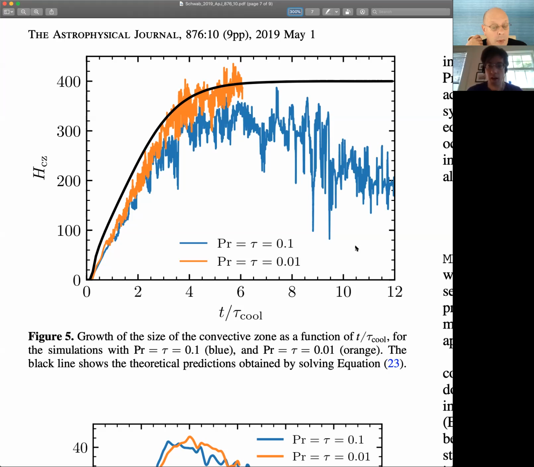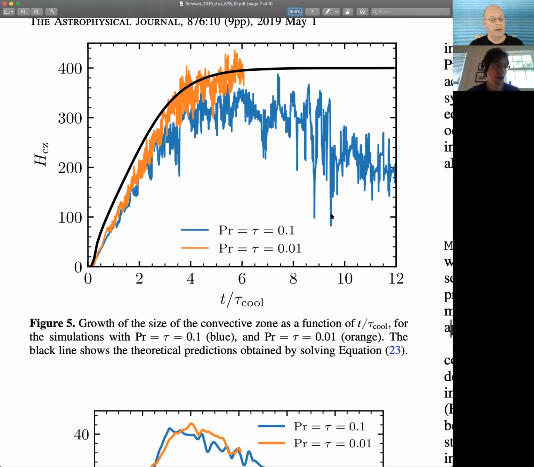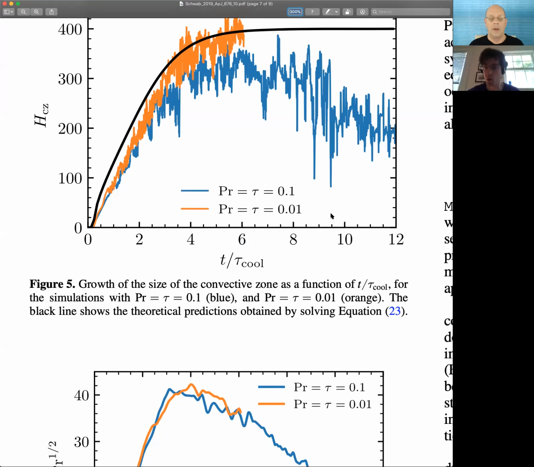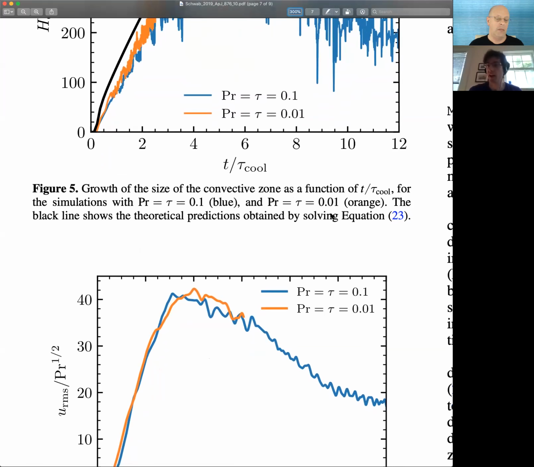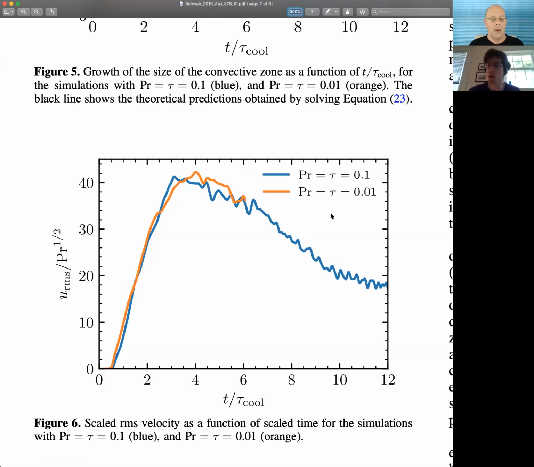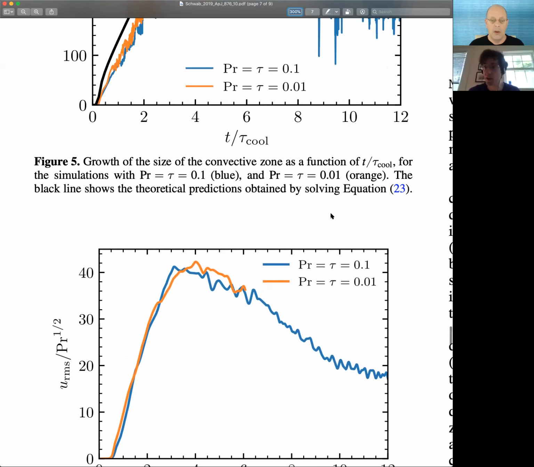Okay. At some level, the takeaway from this paper is that in this fluid calculation, we also find that the mixing is happening on the cooling time, and that says the simplified treatment we put in the stellar evolution models is probably also roughly okay.